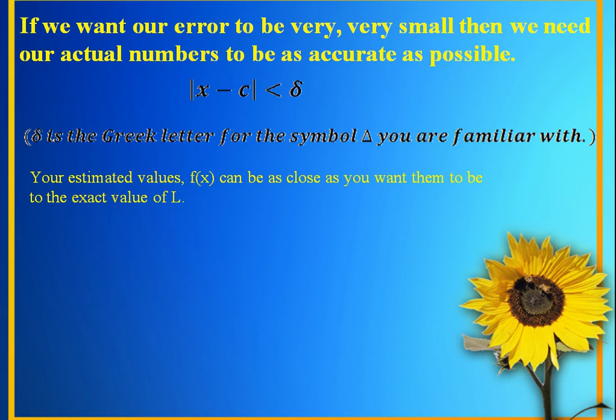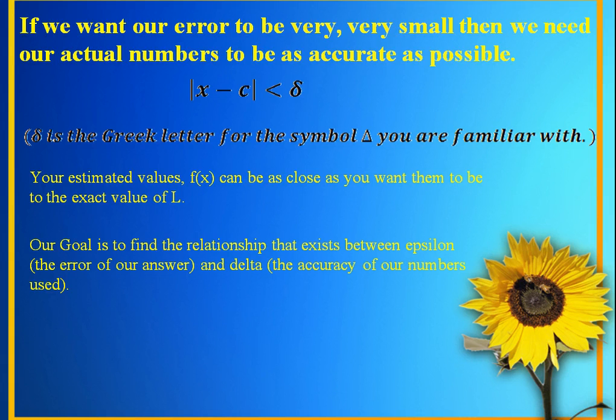So if I make estimated values for the diameter of my bolt, I want them to be as close to the exact value of the diameter that's supposed to go through the hole of the part. So I want to make sure that I know the relationship between the deltas that I choose and the epsilon that's acceptable.